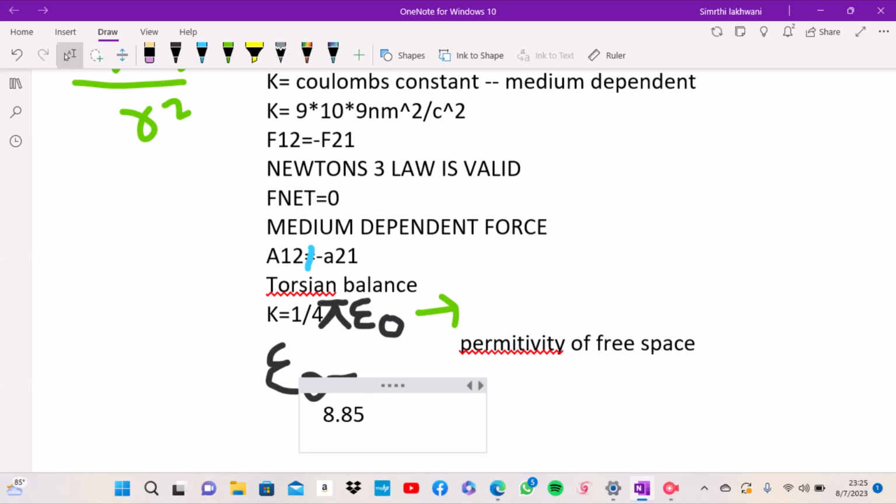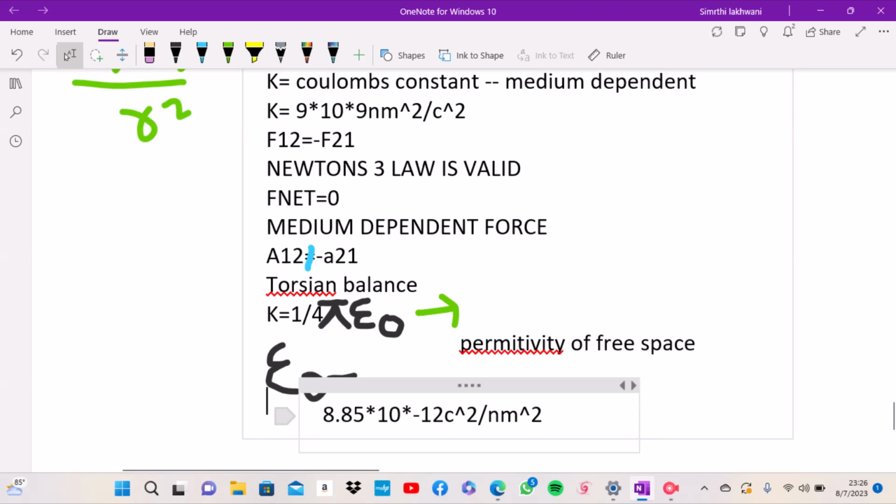The value of this epsilon naught is 8.85 exponential power minus 12 Coulomb square upon Newton meter square.